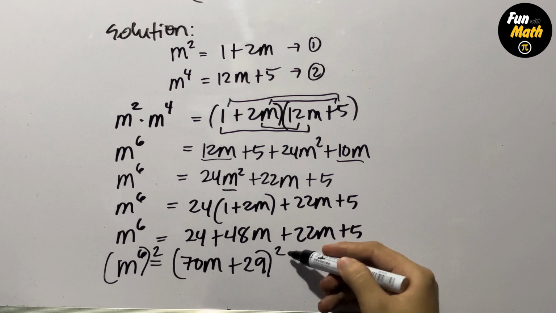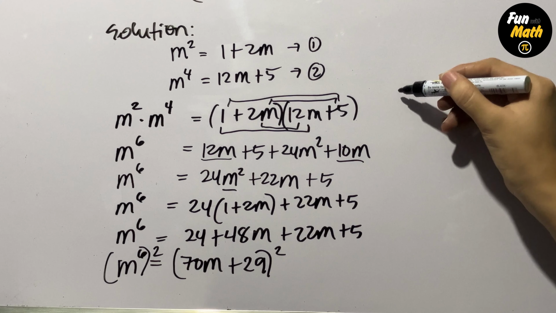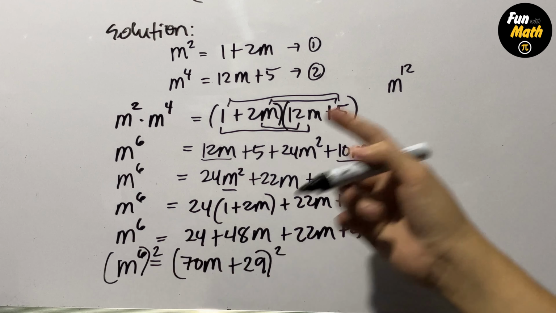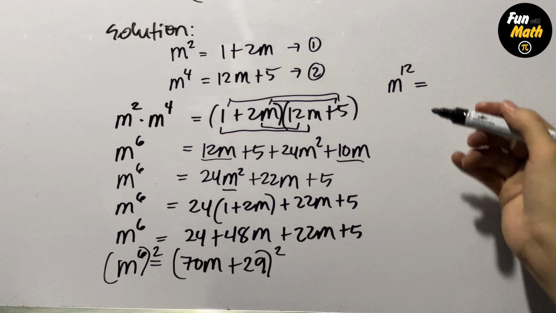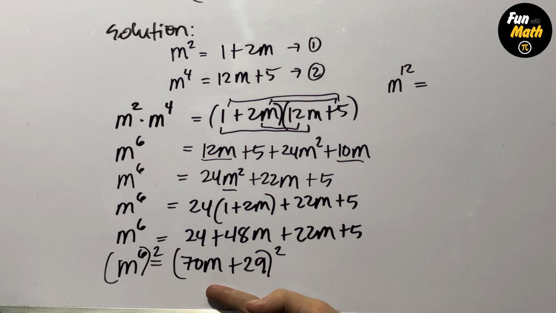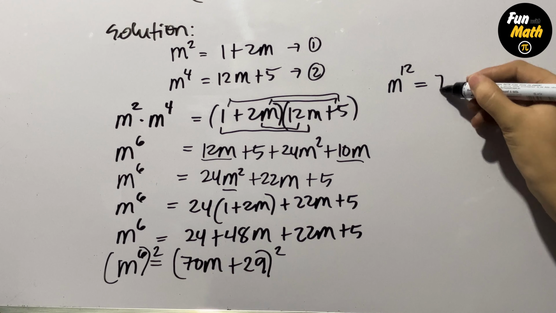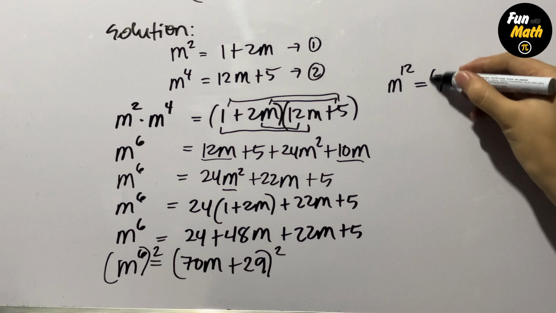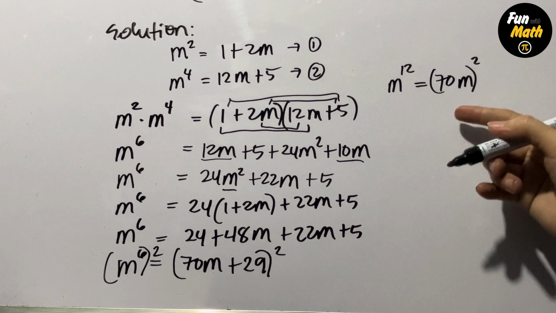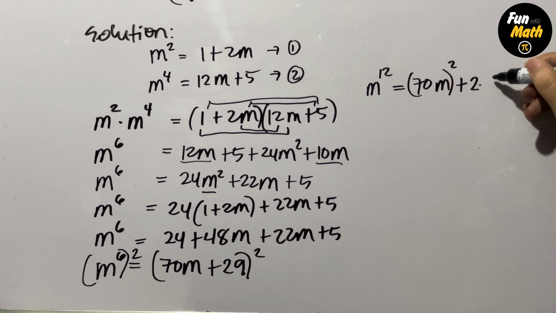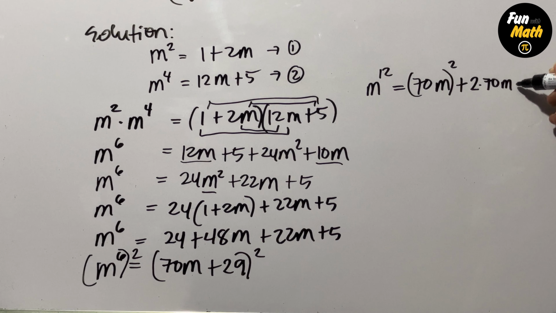Square and then square. So this is now m to the power of 12 because 6 times 2 is 12. Then equals, for this, let's use the identity to expand 70m to the power of 2, and then plus 2 times 70m times 29, and then last, 29 squared.